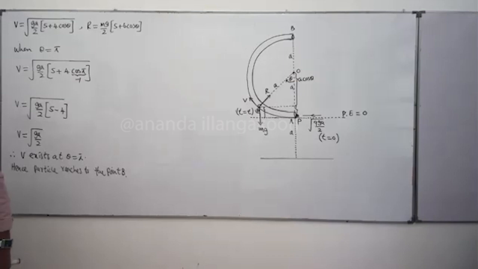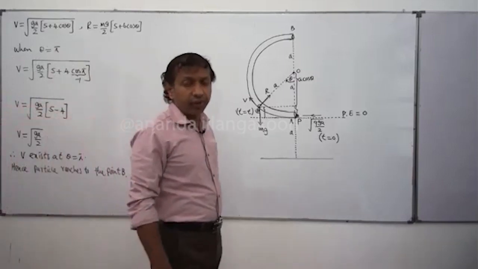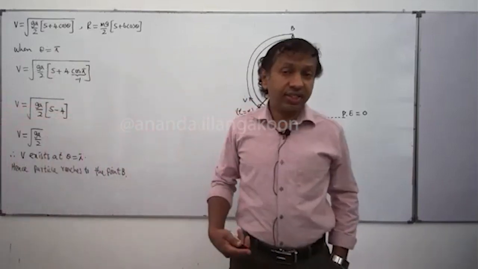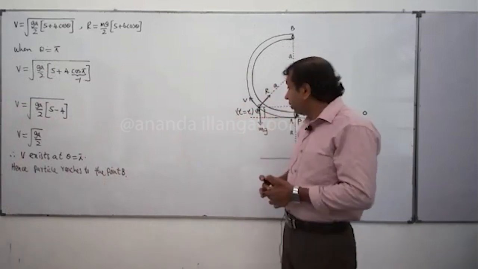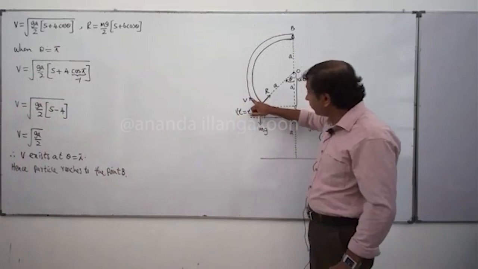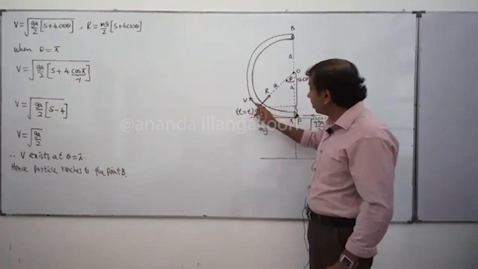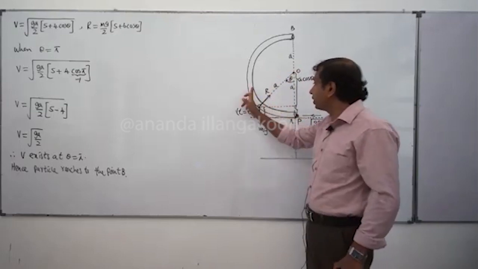Deduce that the particle P reaches the point B and the reaction changes its direction during this motion. Reaction changes its direction. People, in this case, it means, now you know, once the particle moves from here to here, when it is here, the reaction is in this direction. When the particle comes here, the reaction is in this direction.